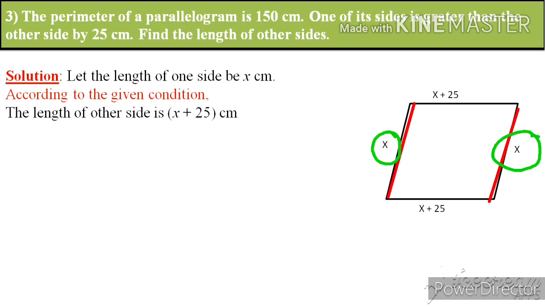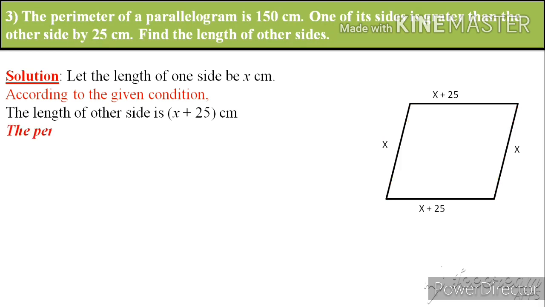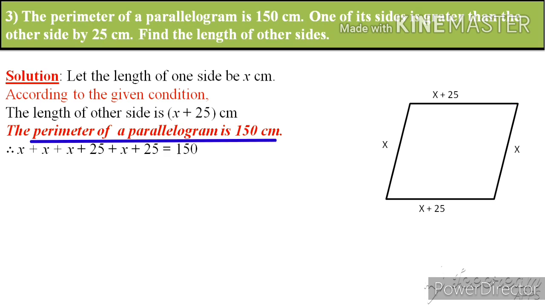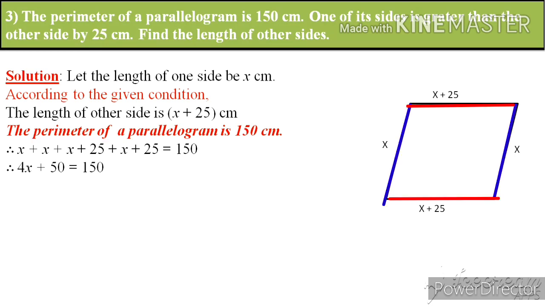Let the length of one side be x centimeters. According to the given condition, the length of the other side is x plus 25, as it is greater by 25 centimeters. The perimeter of the parallelogram is 150 centimeters. Perimeter means the addition of all four sides.